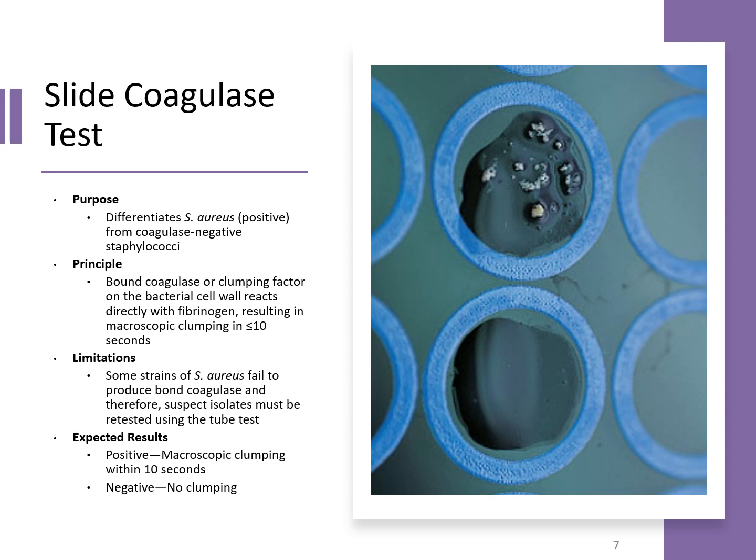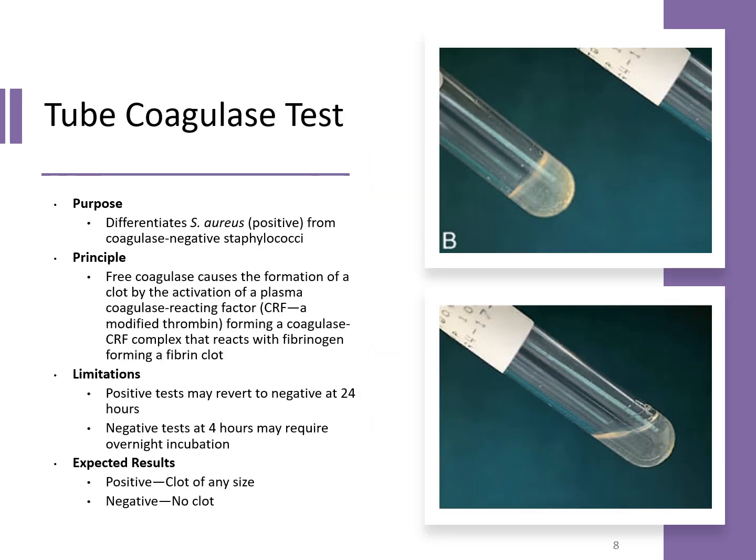And so you can see here at the top where there is a positive reaction, and then at the bottom there is a negative reaction, so no clumping. And so a positive would indicate a coagulase positive staph or a Staph aureus. If it's negative, then you may be dealing with a coag negative staph.